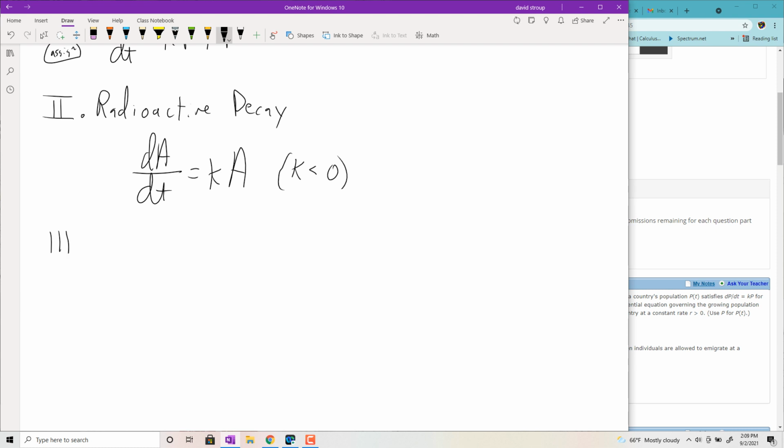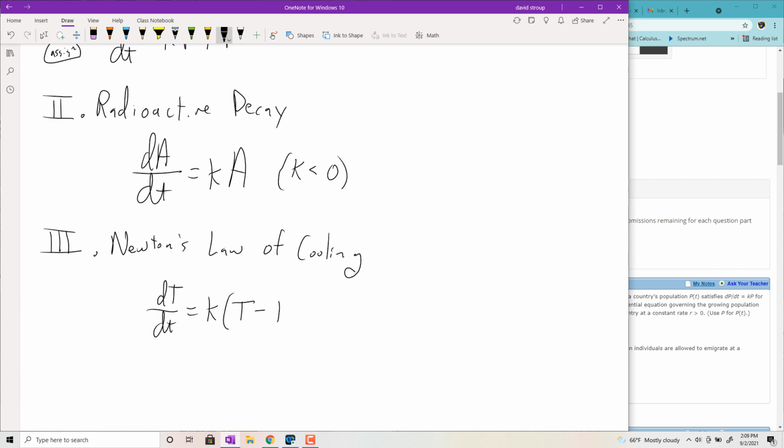Let's look at another model, Newton's law of cooling. And we'll be returning to these models later on. We're just introducing you to them right now. So Newton's law of cooling, basically the rate of change of the temperature of an object is proportional to the difference between the object's temperature and the temperature of the surrounding medium.